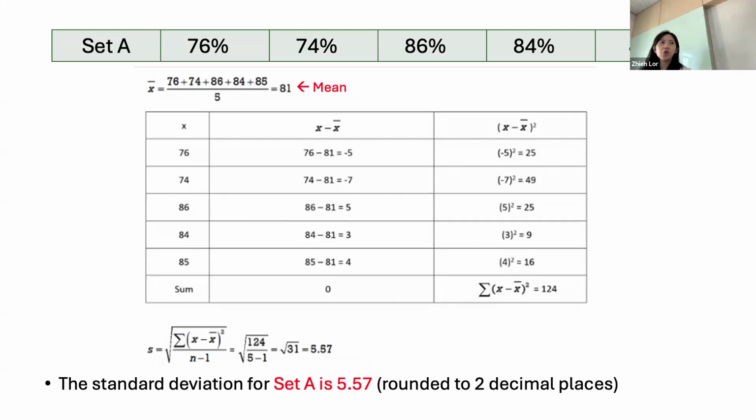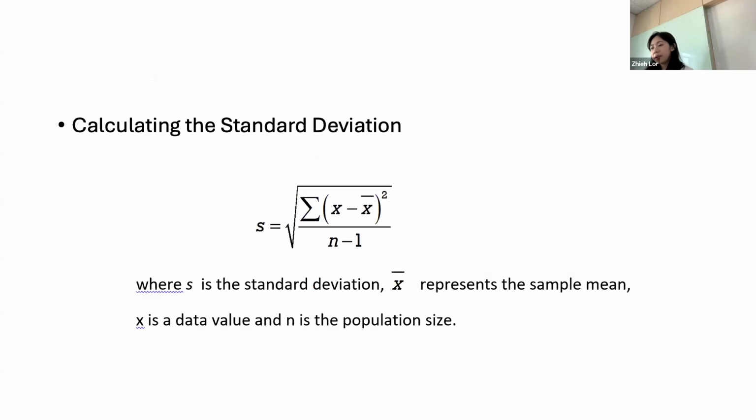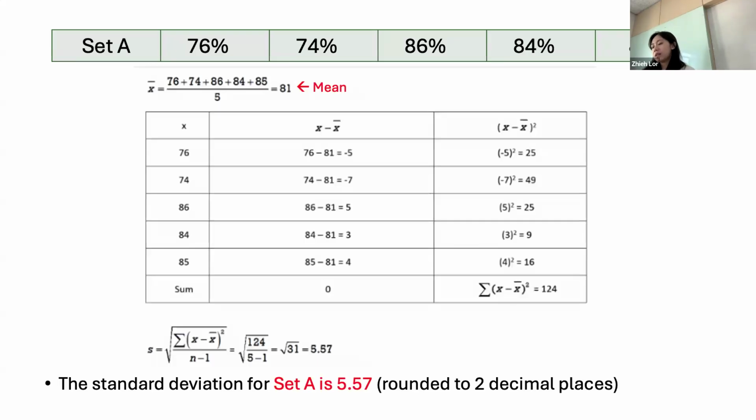Then I square them, giving 25, 49, and so on, and add them up to get 124. I use the formula n minus 1. What is my n? I have only 5 students, right? So 5 minus 1. Then I get 31, and the square root gives 5.57. This is my standard deviation. What I'm trying to see is, overall, how far my data is away from the mean score.